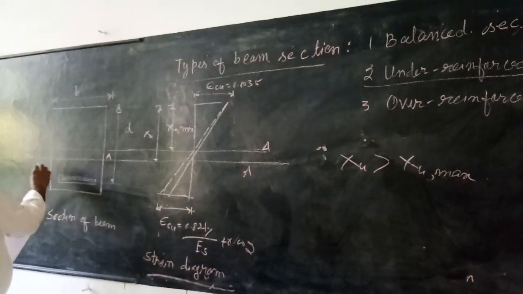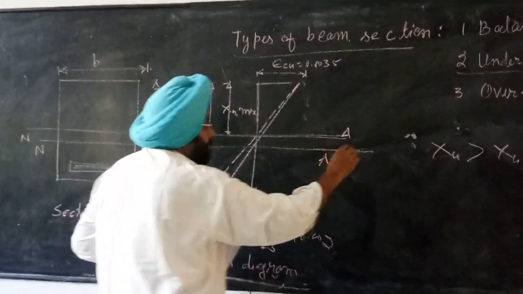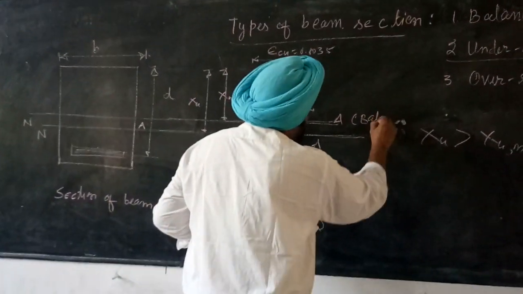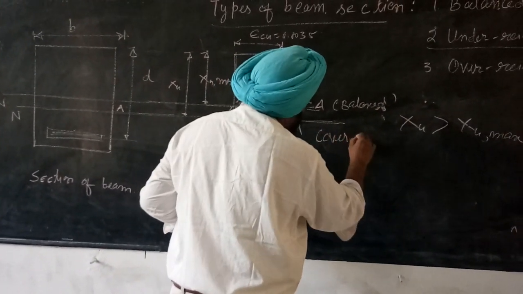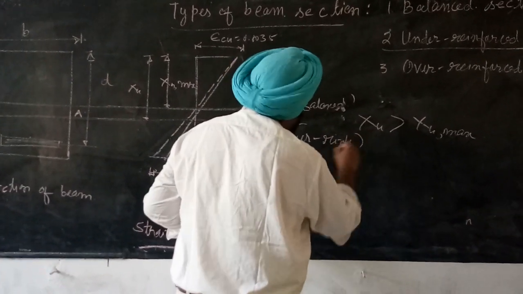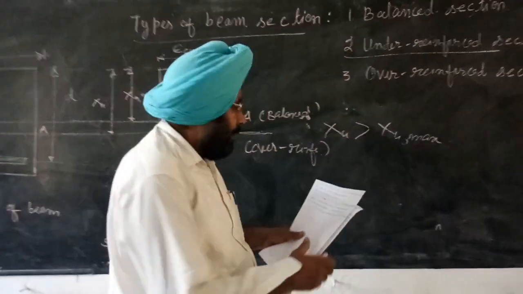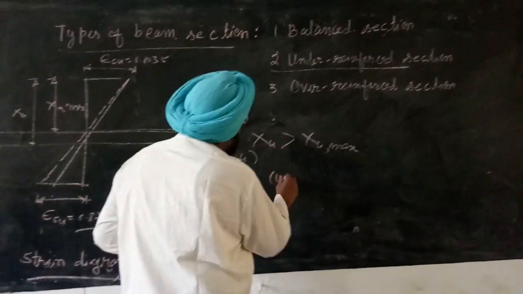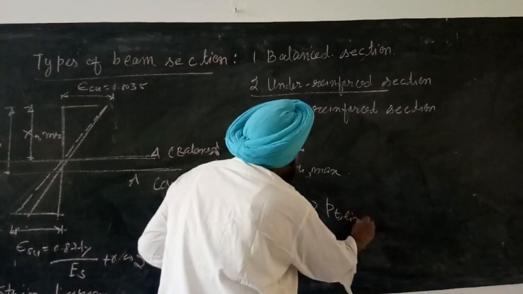This is the neutral axis depth for balanced section, and this line shows the neutral axis depth for over reinforced section. For over reinforced section, xu is more than xu max, and percentage of steel will be more than the limiting percentage of tensile steel.